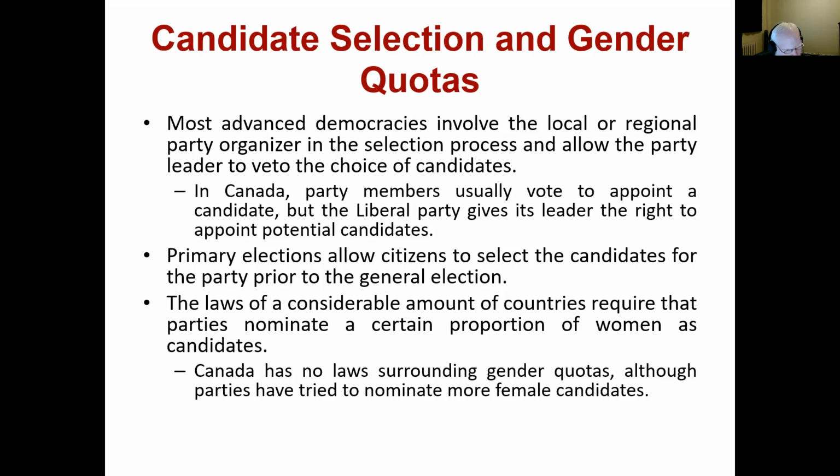The laws of a considerable amount of countries require that parties nominate a certain proportion of women as candidates. So increasing numbers of countries do have gender quotas, saying that a minimum number of the candidates must be women. Some countries' gender quotas will be as high as 50%, where 50% of the candidates must be women. That doesn't say anything in terms of success.